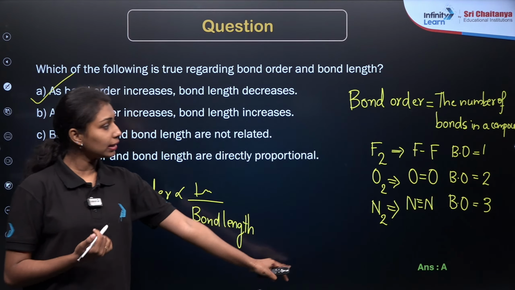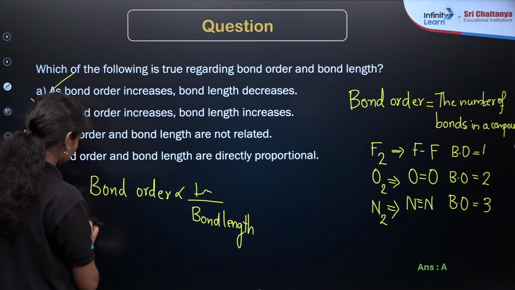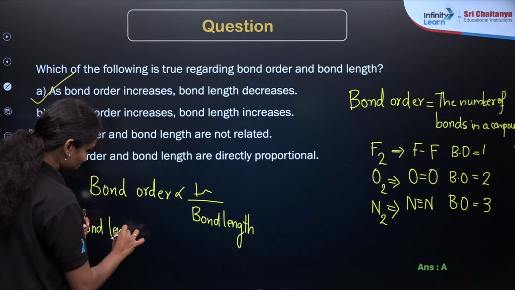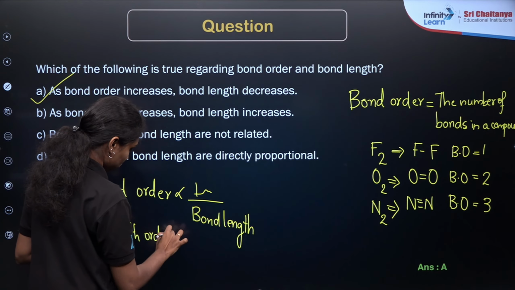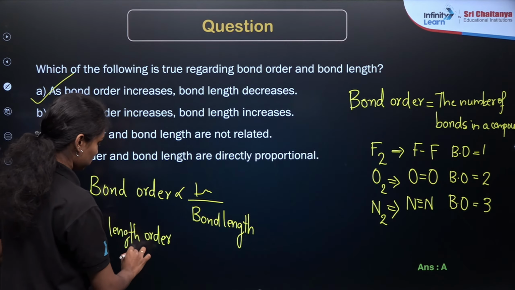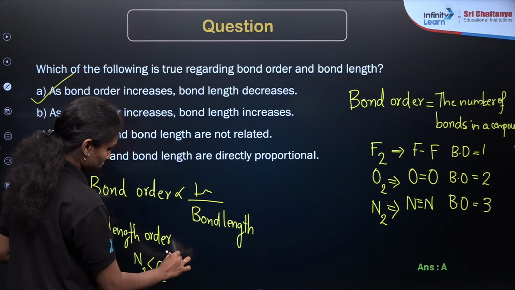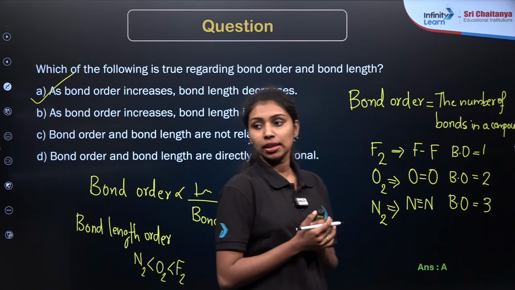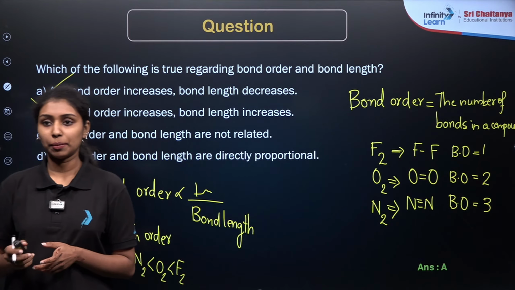So their bond length decreases from fluorine to oxygen to nitrogen. I hope you understand. So you can expect these questions on bond order and bond length in the case of bond parameters.